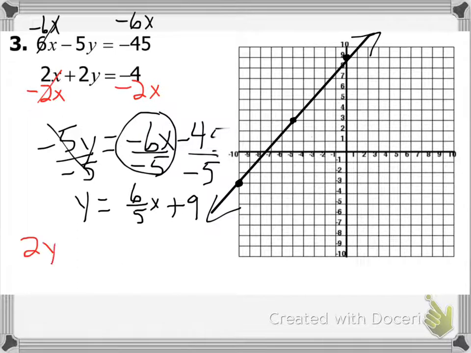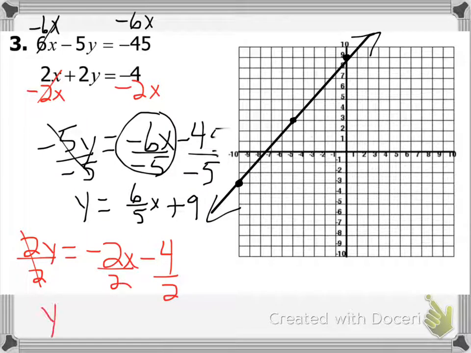We get 2y equals negative 2x minus 4. And then what do I do? Divide by 2 on both sides. Negative 2 divided by 2? Negative 1, or just negative x. And then negative 4 divided by 2? Negative 2. Questions there?